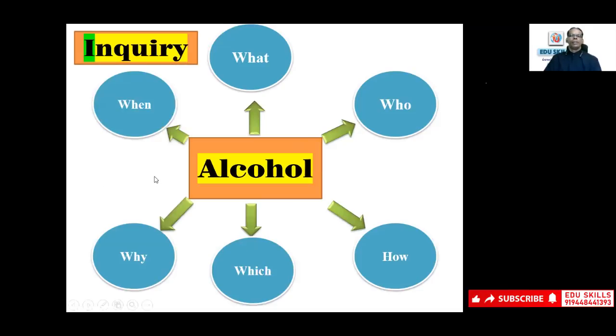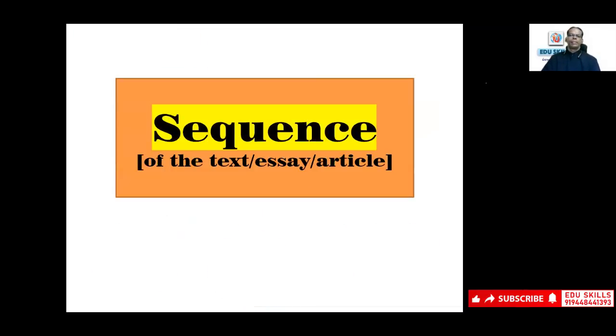So you can ask what type of alcohol, or who has to drink, young children, kids, or elderly adults. Can adults drink more? Why should you drink? And why does alcohol cause cancer? And at what age will alcohol cause cancer? All those things. So just asking various questions on the topic is what you call investigation or inquiry.